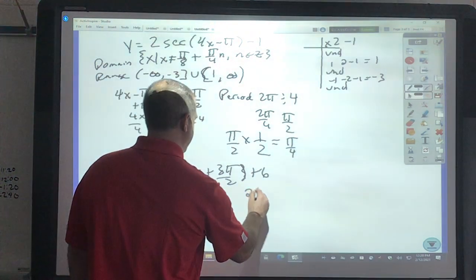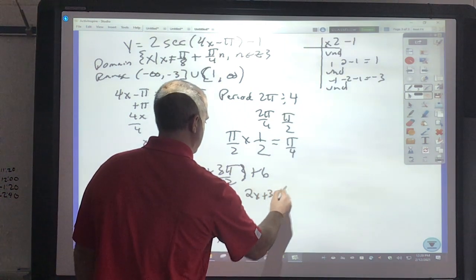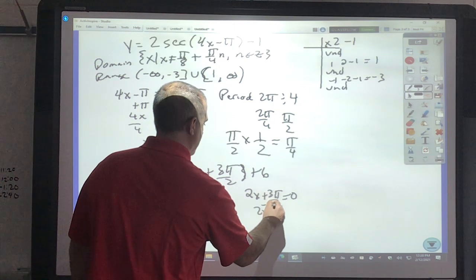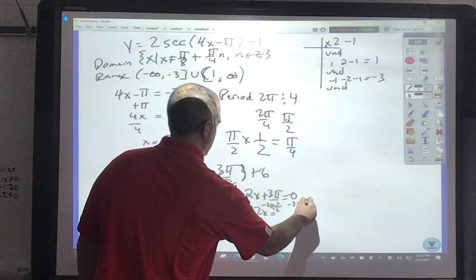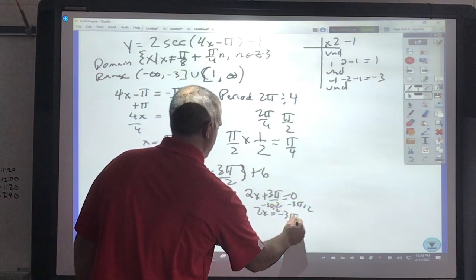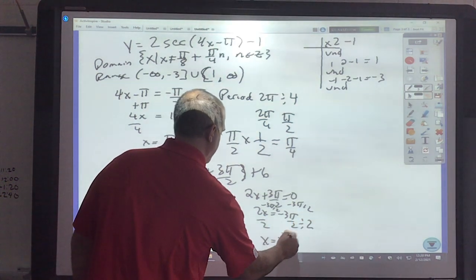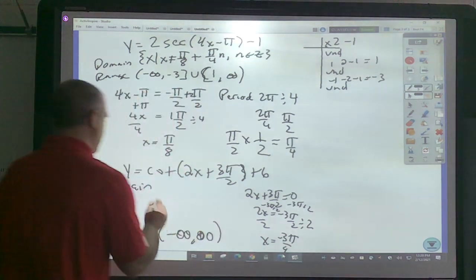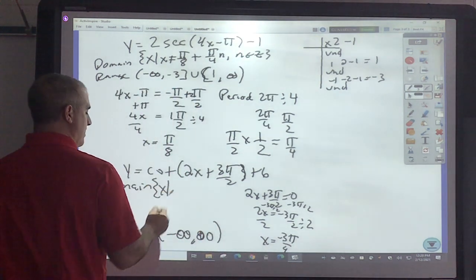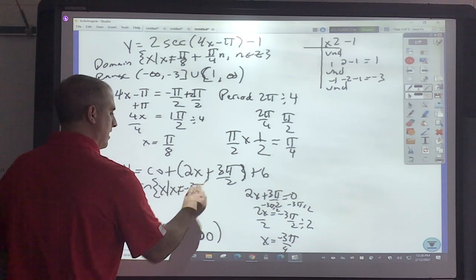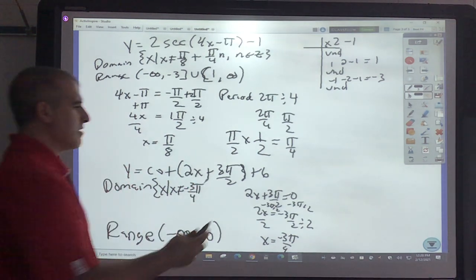So how am I going to figure this out? Now this one I can set equal to 0, so that would be 2x equals, I would have to subtract, so I got negative 3 pi over 2, divide by 2, so I would get my starting angle is negative 3 pi over 4. So x such that x can't be negative 3 pi over 4. Now, all I got to do is find the period here.